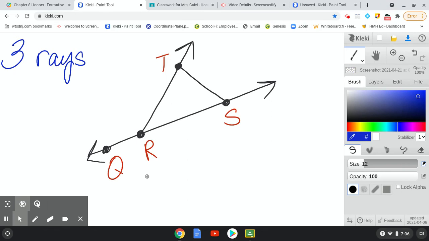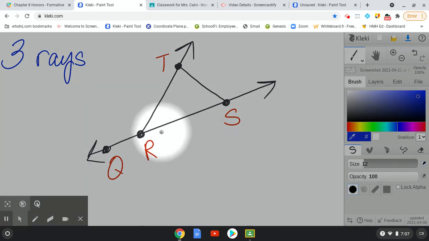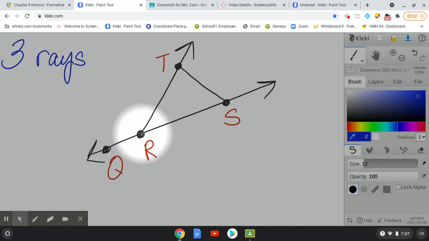All right, so here I want to be able to identify 3 rays. And if you remember, when we identify a ray, we want to start with an endpoint and then continue through an arrow. So looking here, I can say ray RQ because this is my endpoint and I follow the ray through this way. So I can say ray RQ.